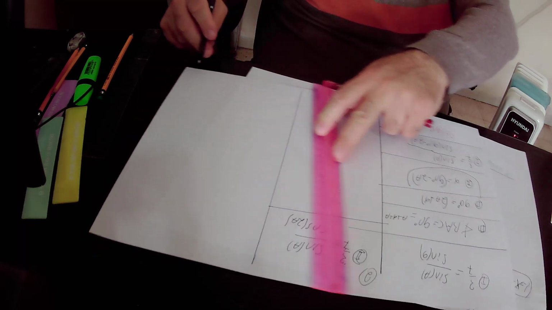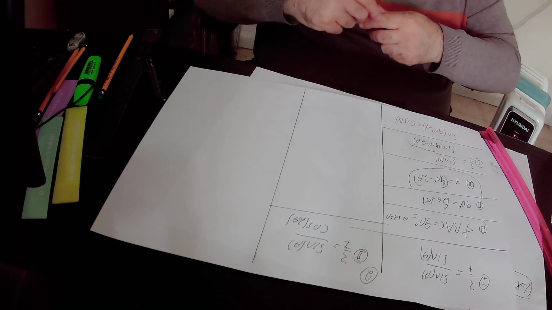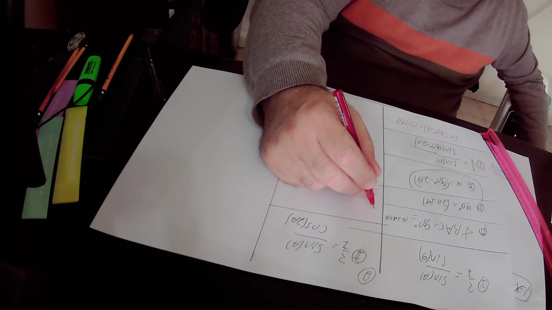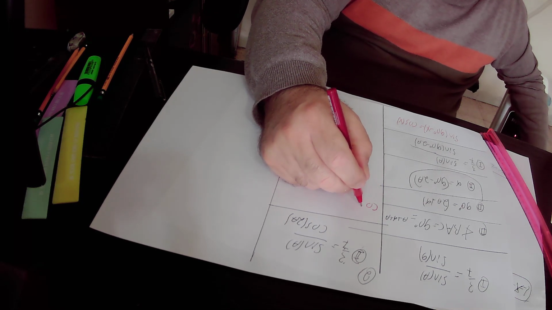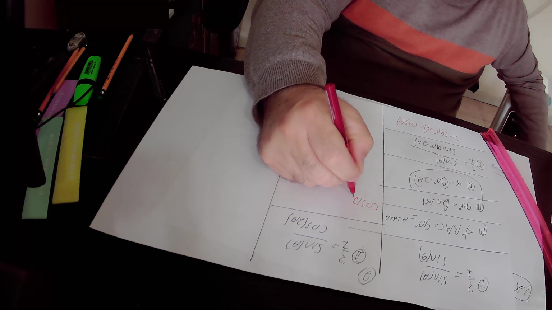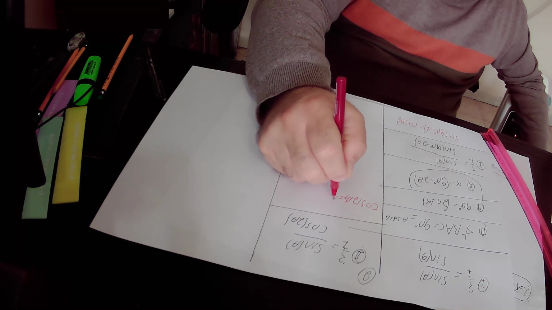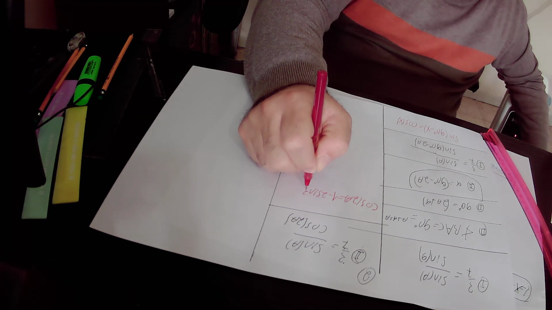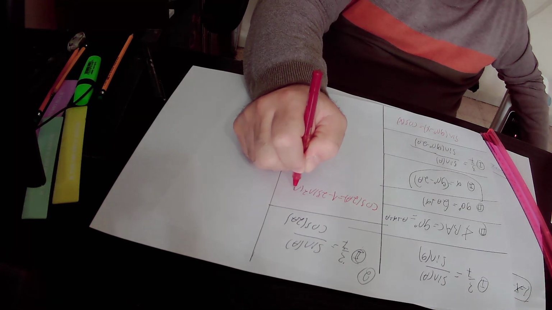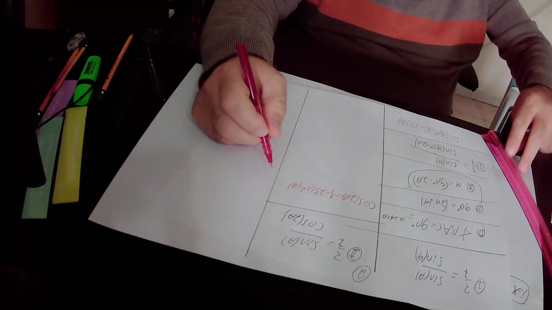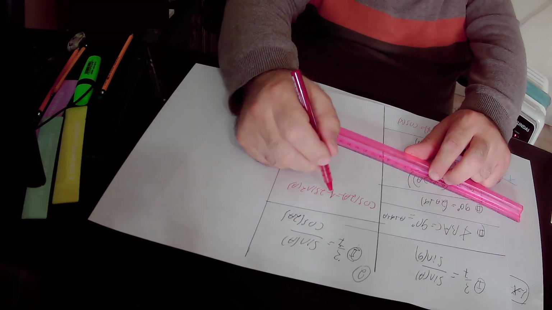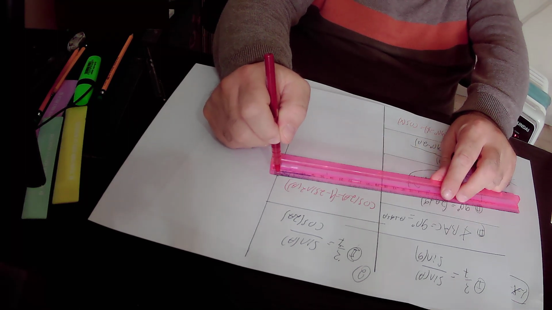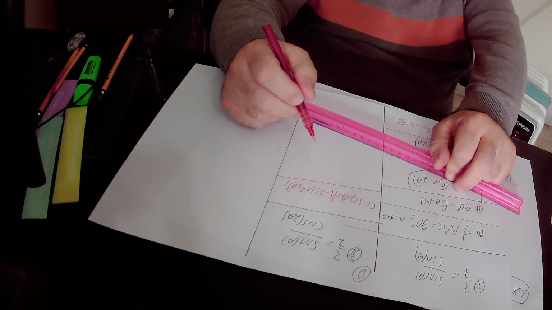We have here a trigonometric identity for the value of cosine 2 theta. According to this trigonometric identity, cosine 2 theta will be equal to 1 minus 2 times sine square theta. So we'll substitute cosine 2 theta by 1 minus 2 sine square theta, because they are equal to each other according to this trigonometric identity.